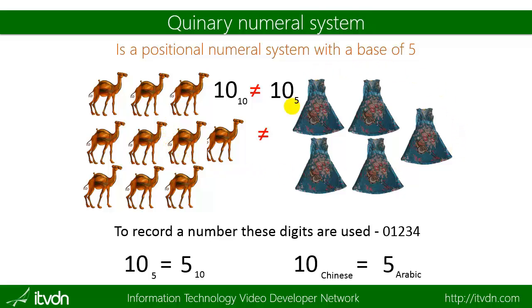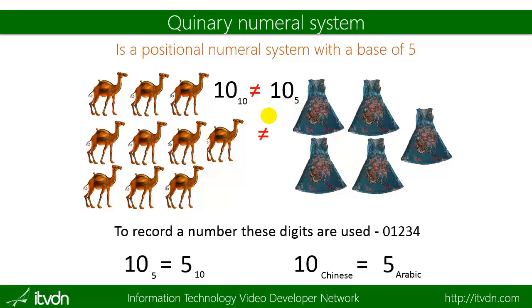While if a Chinese guy tells you he's selling 10 dresses for you, you coming from an Arabic-oriented country, or should I say a decimal numeral system origin, you will not understand his 10. His 10 is your 5. Your 5 is his 10. So 10 camels in the decimal system or in base 10 system is not equal to 10 in base 5.